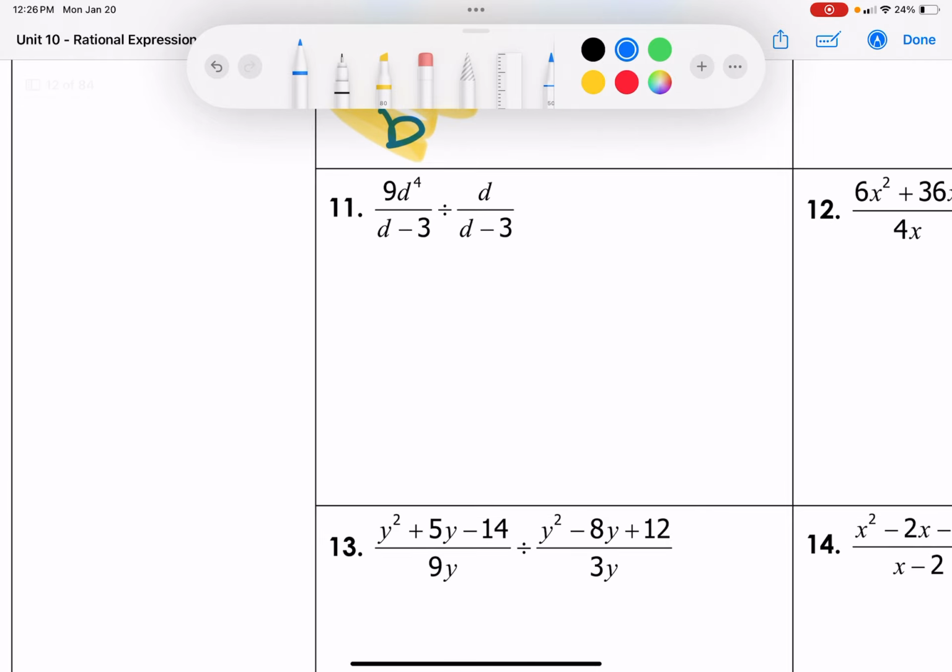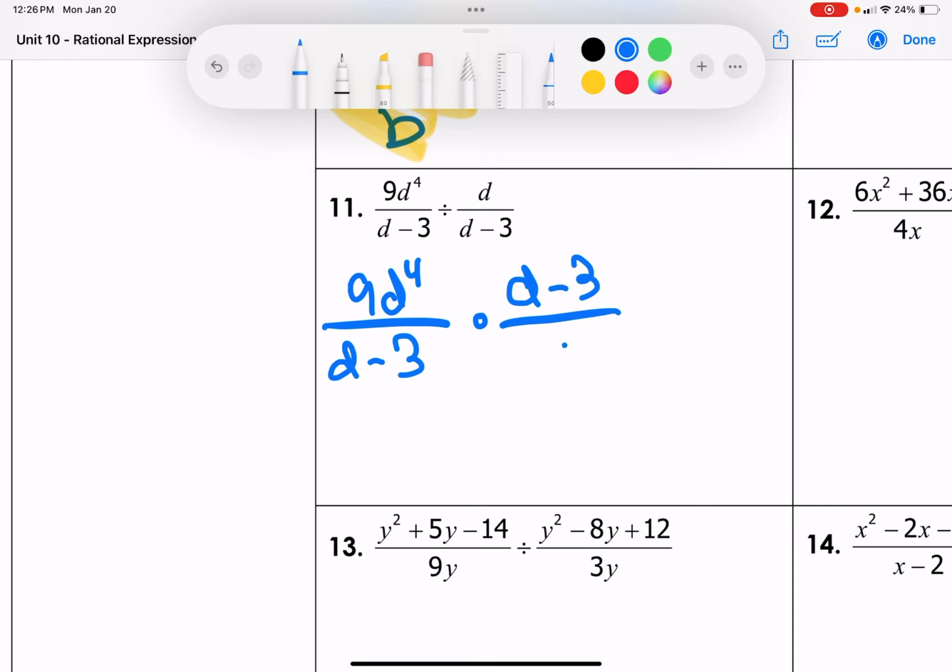All right, number 11, I have 9d to the 4th power over d minus 3 times d minus 3 over d. All right, the d minus 3s could cancel out.